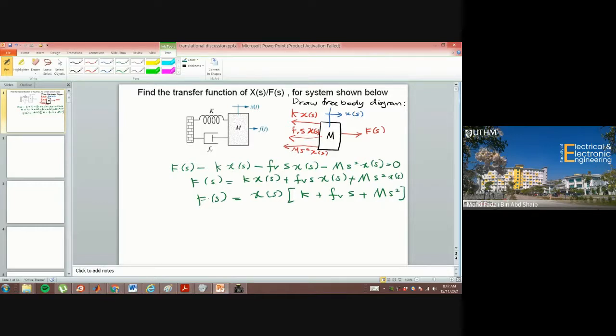So now XS over FS becomes 1 over K plus FV S plus M S squared.